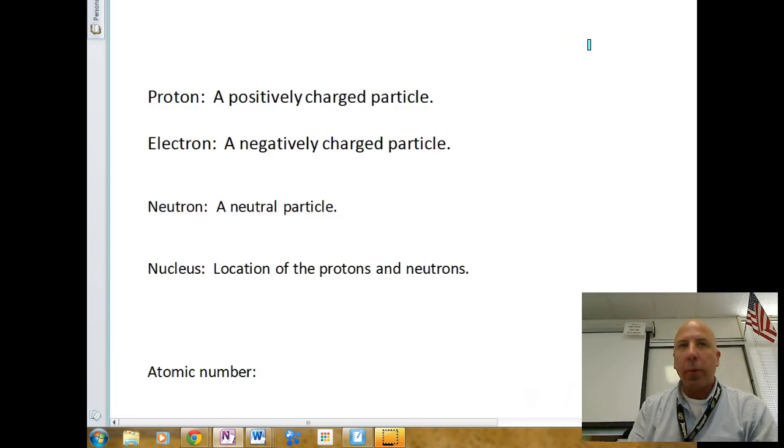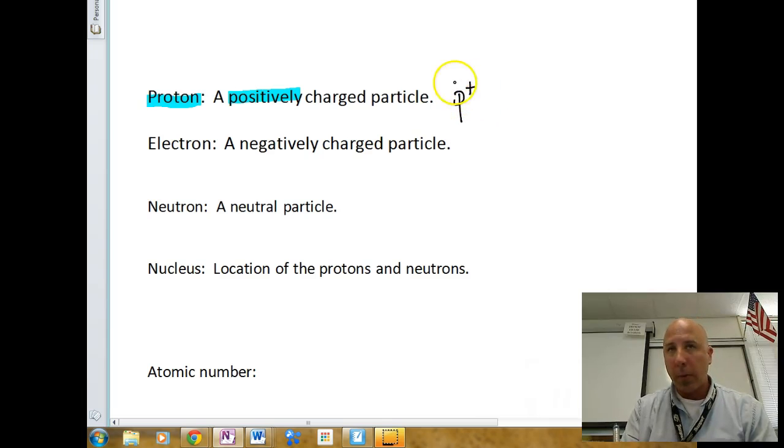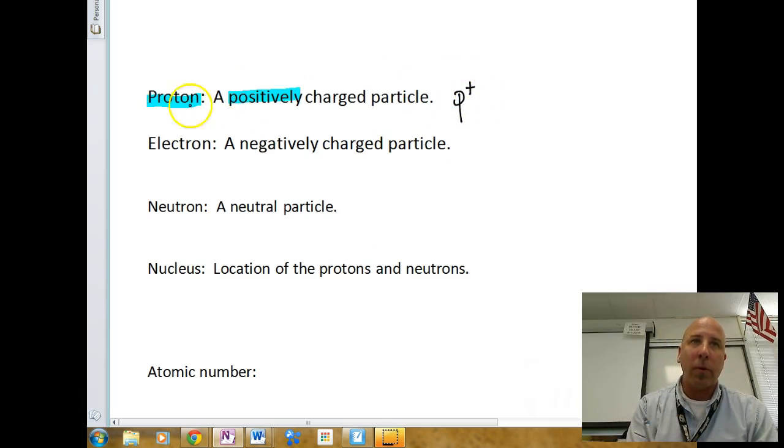Okay, so as we saw in our last activity, there are basically three subatomic particles. There are other subatomic particles within an atom, but we're only going to talk about the three basic ones. The first is the proton, and protons are positively charged particles. Oftentimes when we talk about protons, we'll use the symbol P with a plus sign to show that it is a positively charged proton.